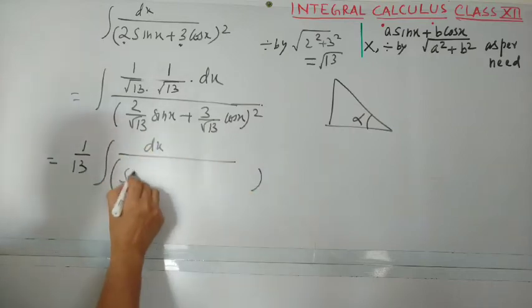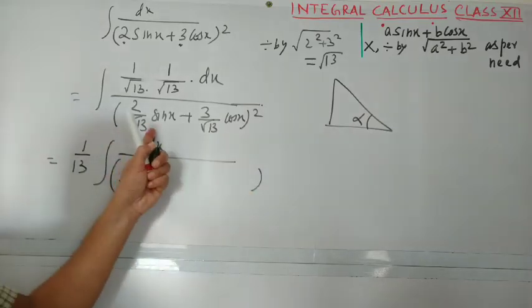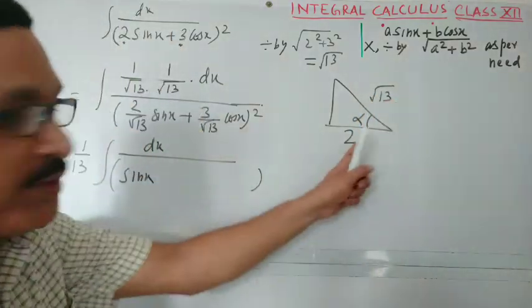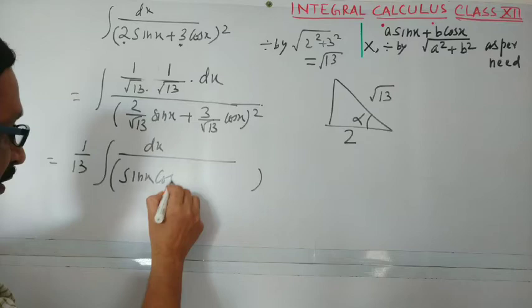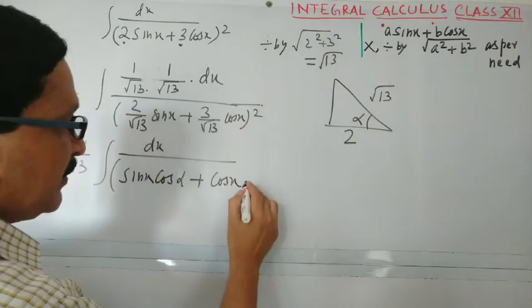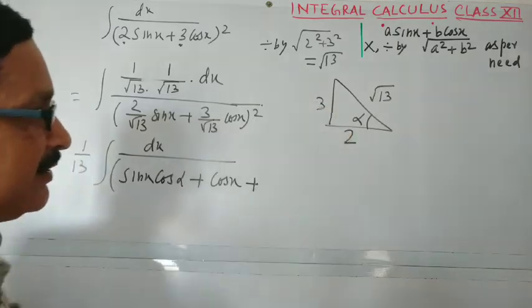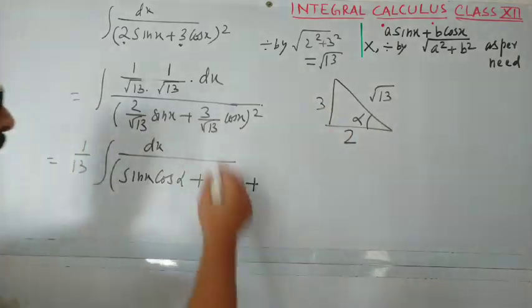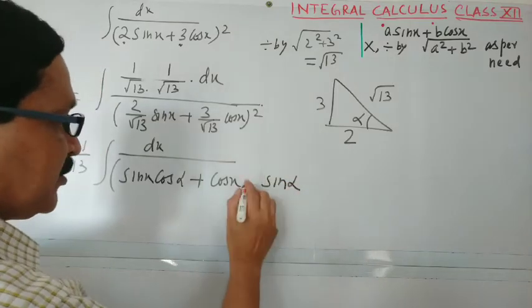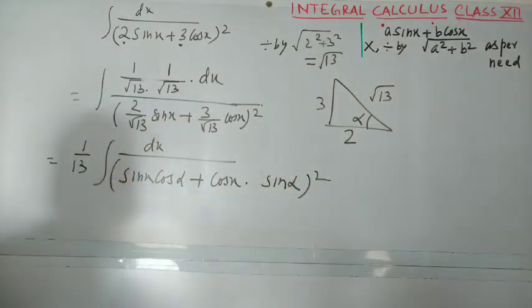Now sin x 2 by root 13, so better to take it 2, so that 2 by root 13 is cos alpha plus cos x plus 3 by root 13. 3 by root 13 is sin alpha, cos x into sin alpha whole square.